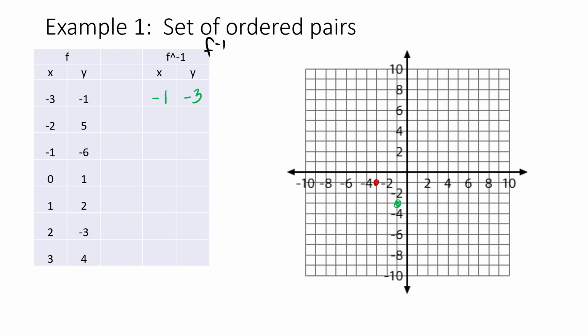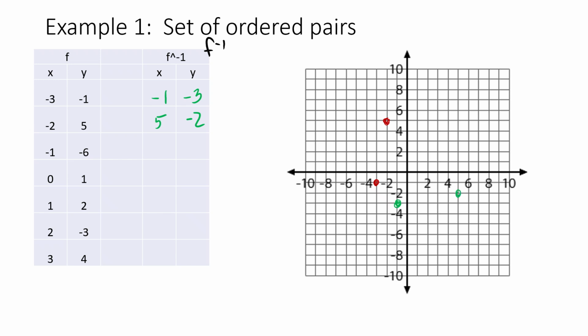I'm going to do the original set of ordered pairs in red, and I will do the inverse set of ordered pairs in green. So we've got, say, the point -2, 5, which would put me right there. And then that would become the point 5, -2. So 1, 2, 3, 4, 5, -2.